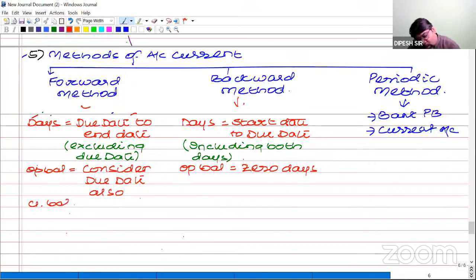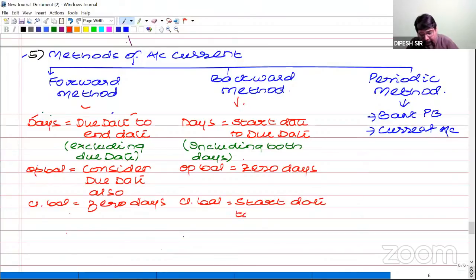Over here, closing balance, 0 days. Correct? Closing balance is equal to start date to end date, including. Correct.